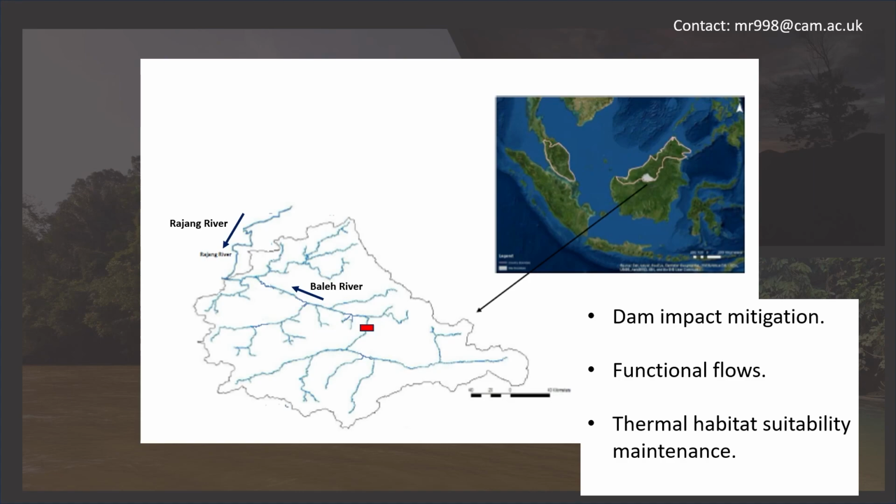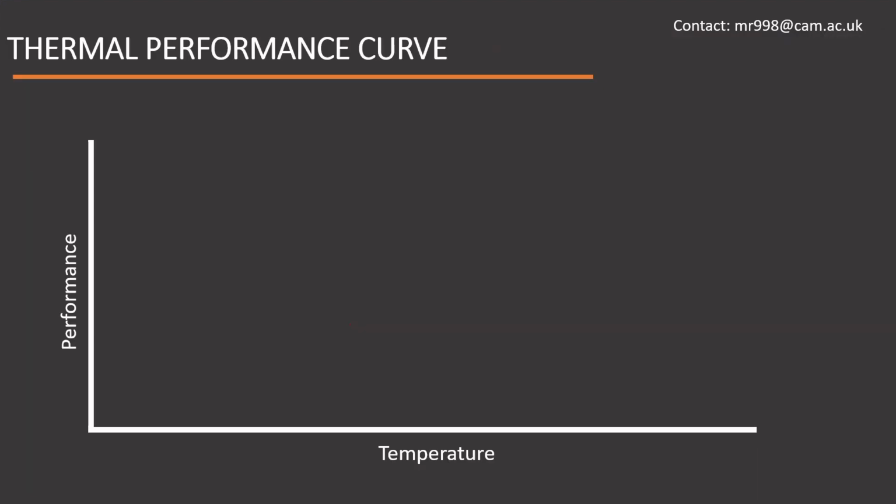Those functional flows include many aspects, from the hydrology to the morphology of the river to the suspended sediment, and the thermal habitat as well, which was my field. So my goal was to understand what flows would maintain at least the thermal suitability for the freshwater habitat.